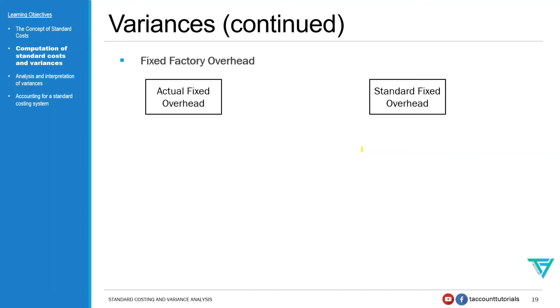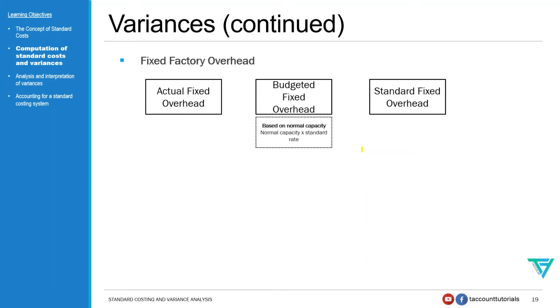However, if you would like to break this down to its components as well, similar with the first three items, we insert here as a middle figure the budgeted fixed overhead, which is based on normal capacity. So when we say budgeted fixed overhead, normal capacity multiplied by the standard rate, right? And then standard fixed overhead here is based on the standard hours, okay?